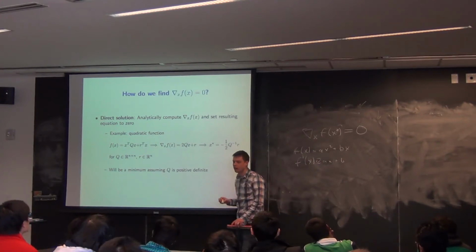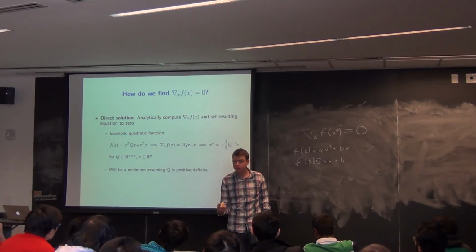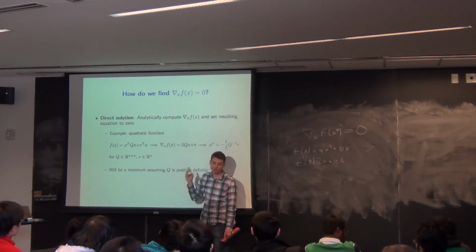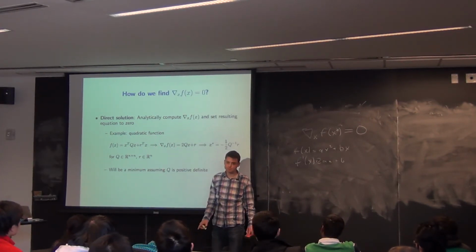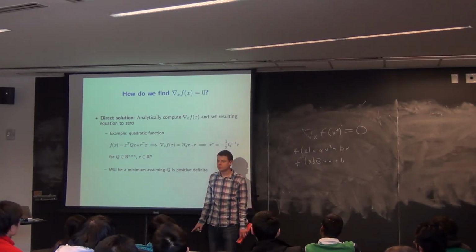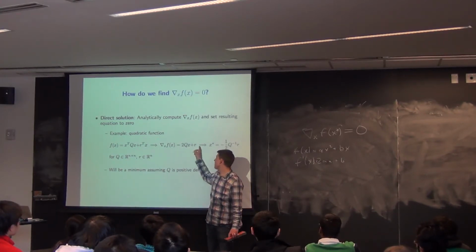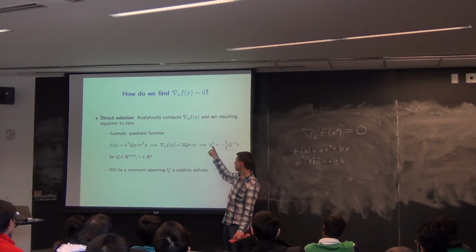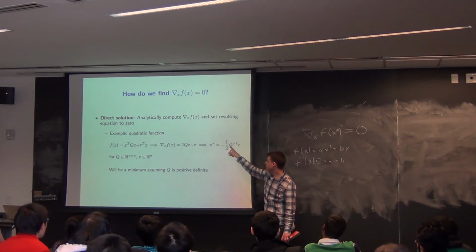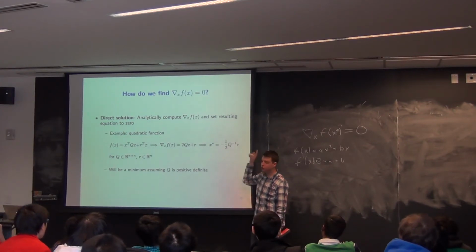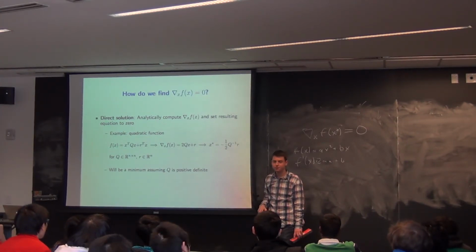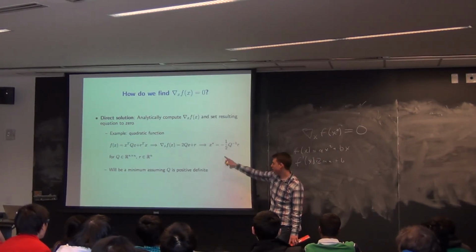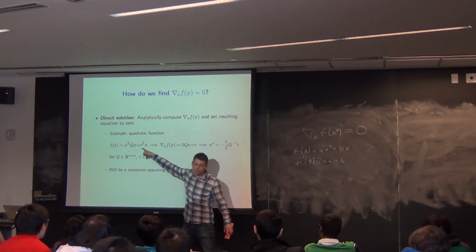The analog for a multivariate function is this matrix expression. Now you just set that equal to 0, and that will only occur if x star is equal to Q inverse times r, actually with a factor of 1/2. That's great. That is the global optimum of this function.